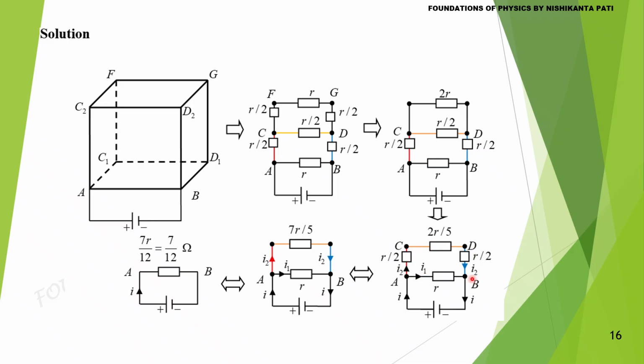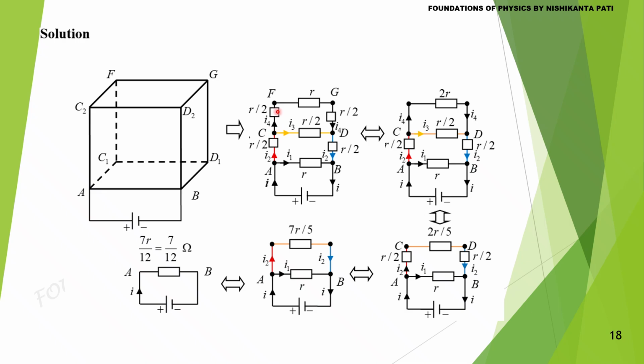So this way I1 flowing, this way I2 flowing. This 2R by 5 is the combination of these two. Hence I1, I2, then I2 divided, I3, I4. This 2R is R, R by 2, R by 2.